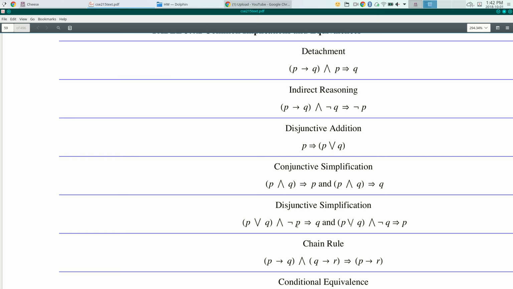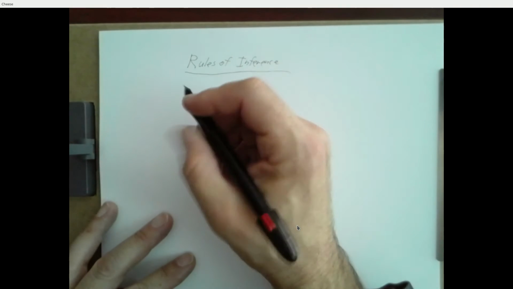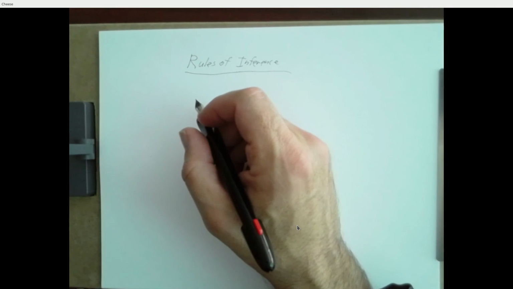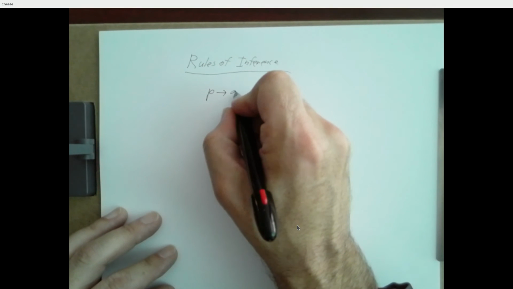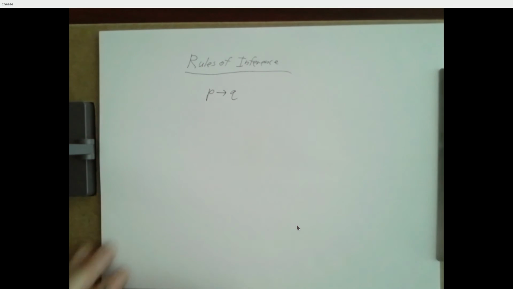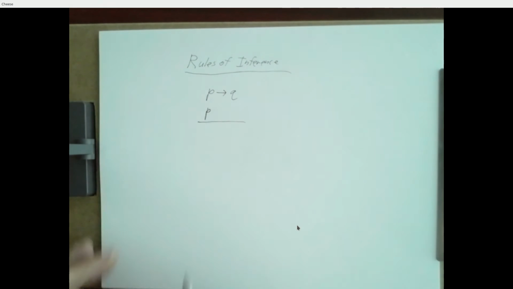But let me give you a real example of a rule of inference. So suppose P and Q are propositions. And suppose we're told if P then Q. We have no idea whether this statement is true or false. It's a proposition that has a truth value. Could be true, could be false. Here's another proposition, P. Could be true, could be false. We don't know.